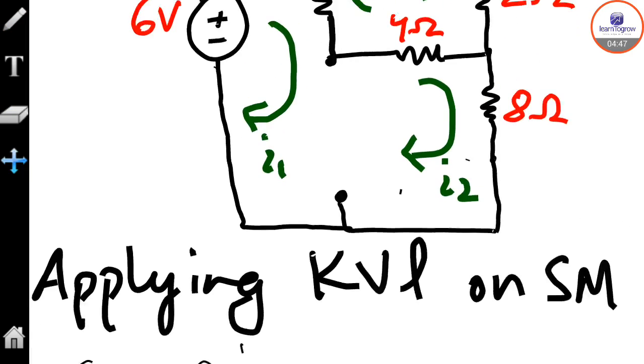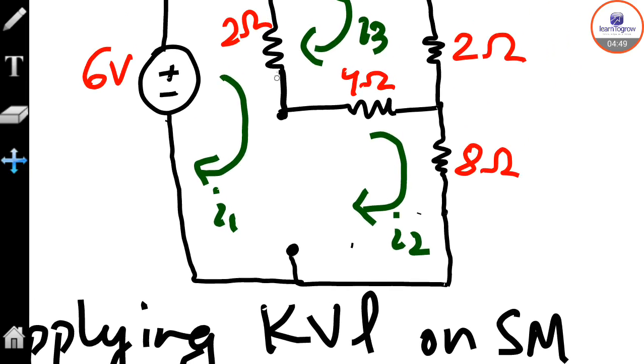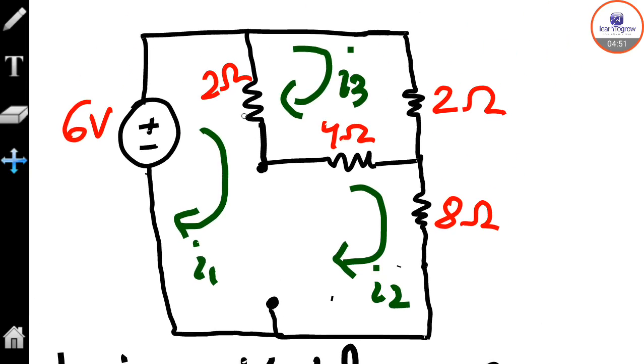You can see that this 2 ohm resistor is not only in this mesh, it is also sharing this current too. Because we are talking from this mesh, we will take I1 first and I3 second.